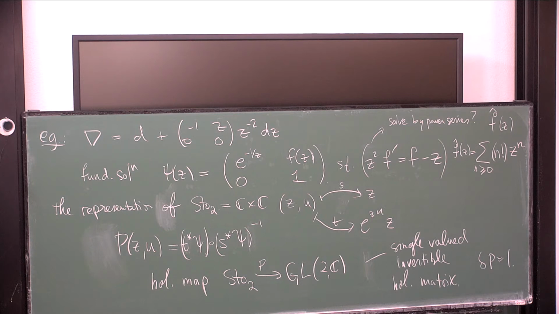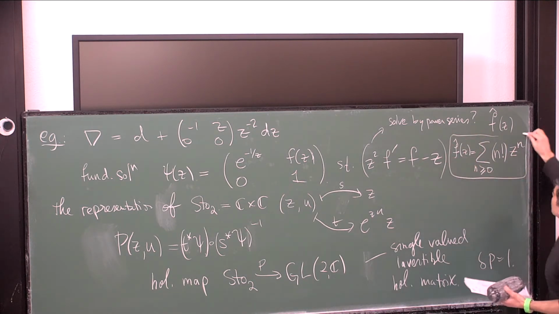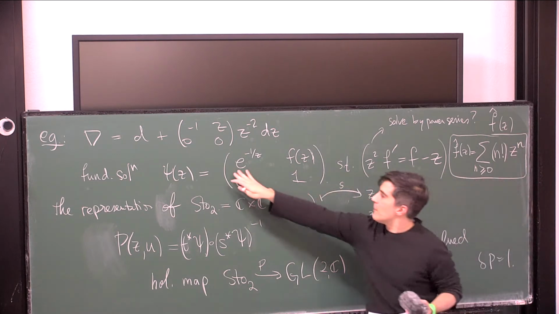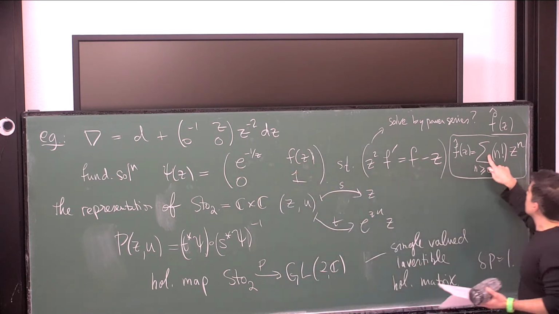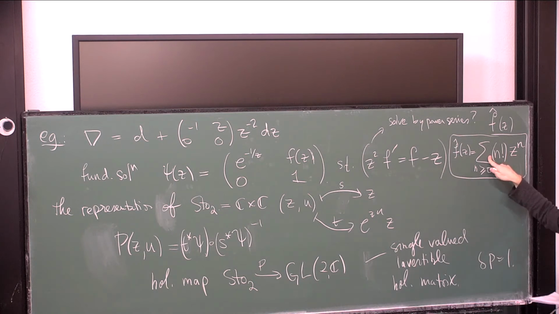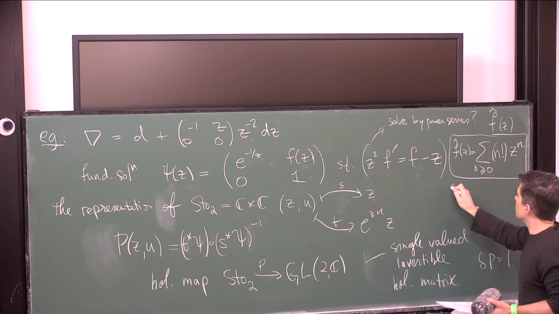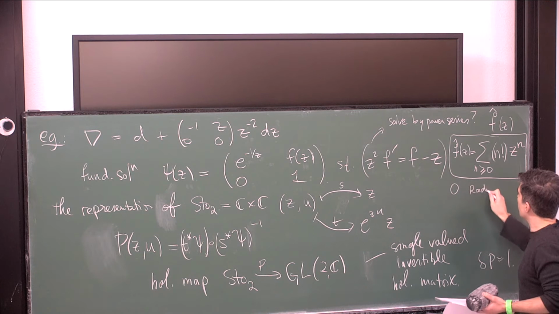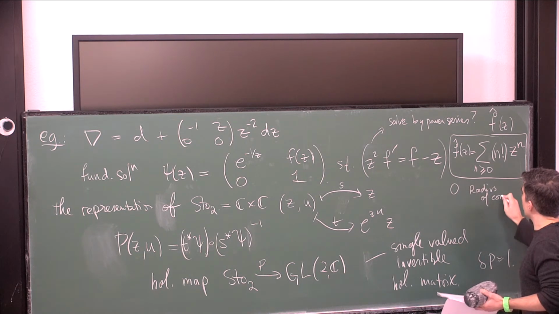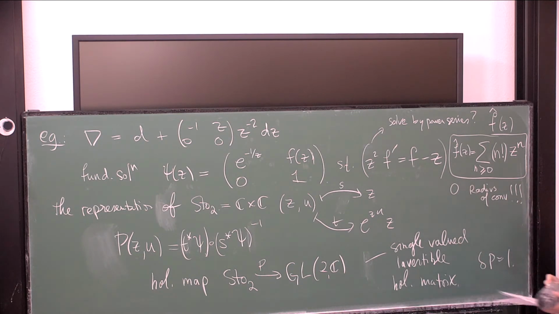Beautiful convergent series, right? So we get a fundamental solution which has 0 radius of convergence. This is generic. This is the behavior of poles of order greater than 1. We always get power series solutions with 0 radius of convergence.